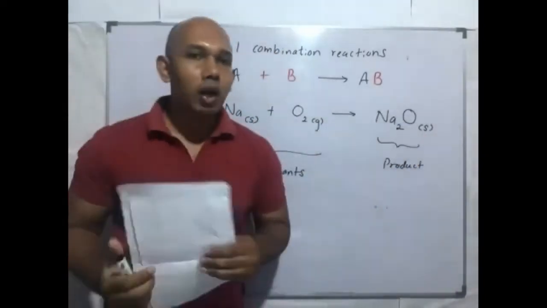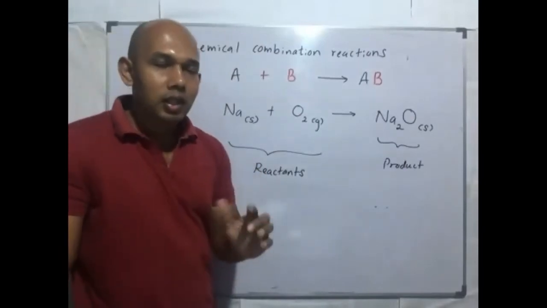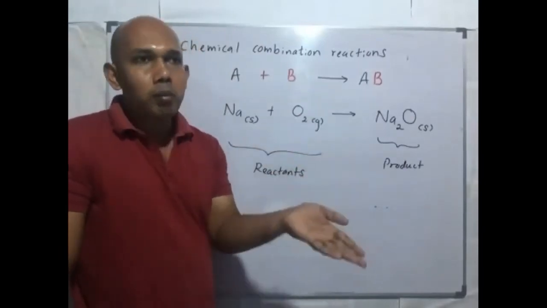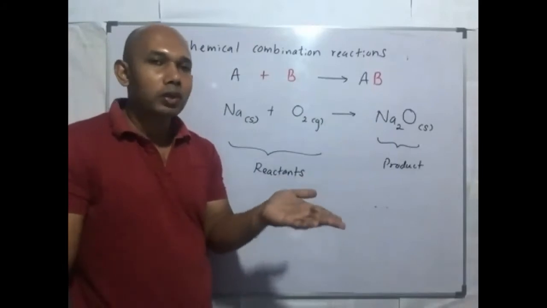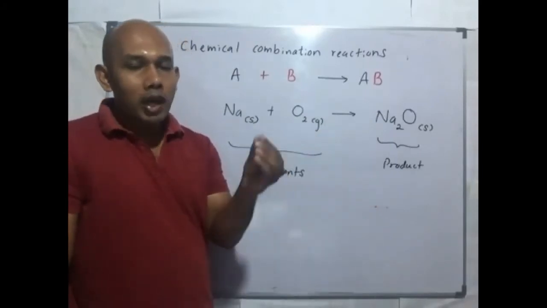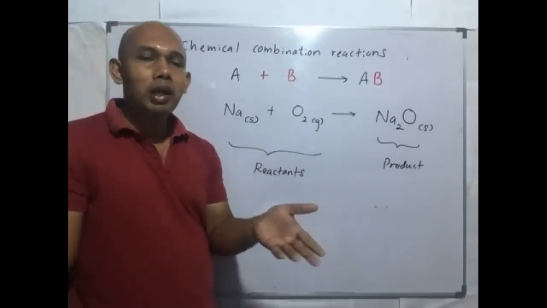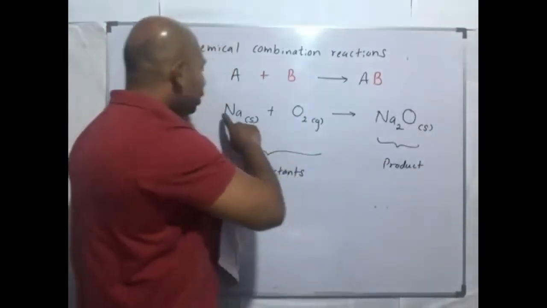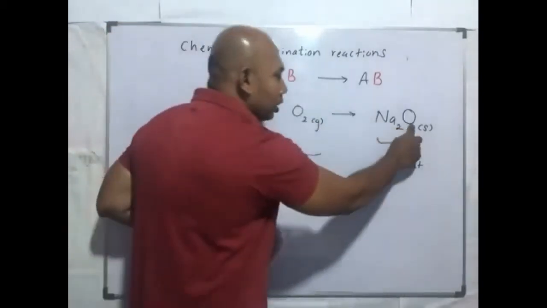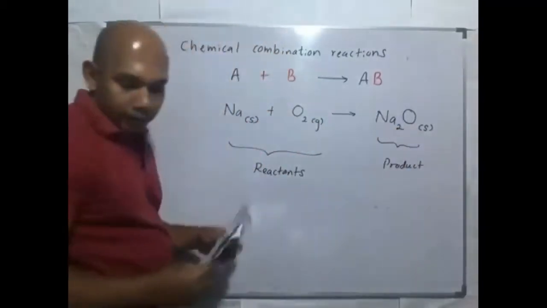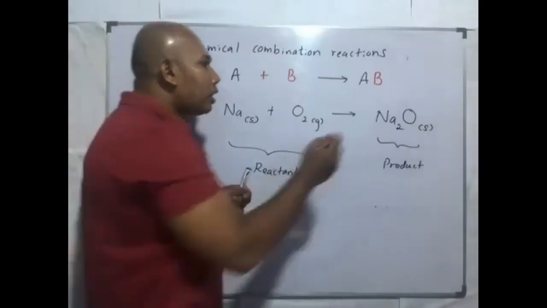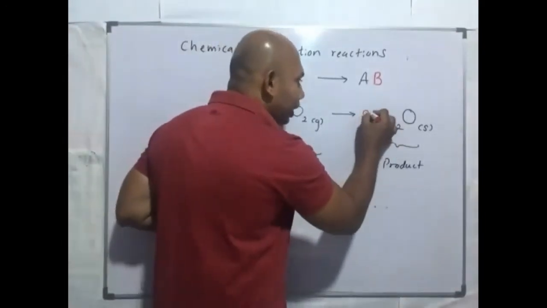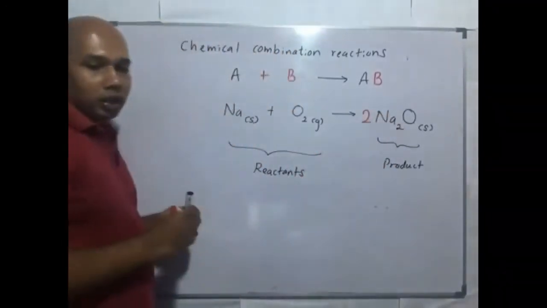For the basic one, if it is not balanced, we have to remove the odd number. We have to convert it to an even number. Then you can identify here that one atom of oxygen is an odd number, but 2 is an even number, and the value here is multiplied by 2, right?